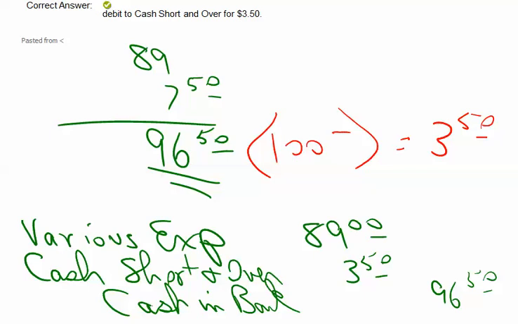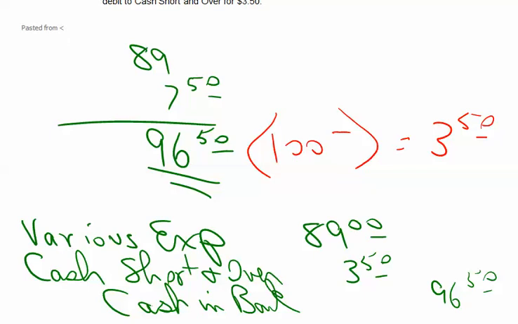Now, sorry about that. I need to write a check in the amount of $89 and $3.50, which will bring me back up to $100. So the $89 and $3.50 totals $92.50.